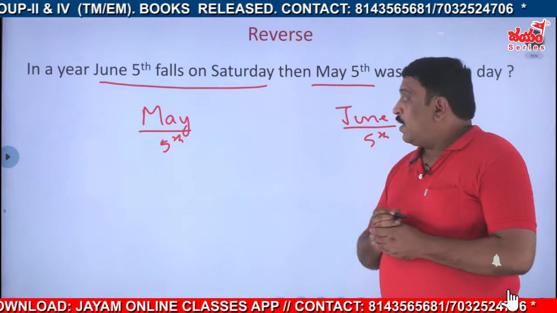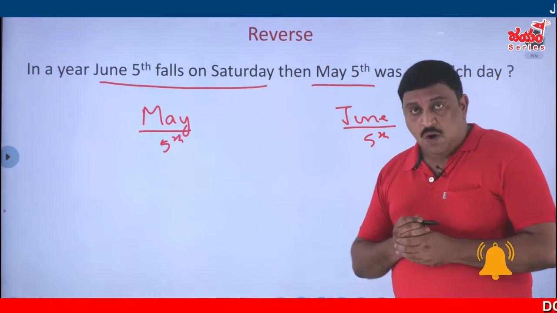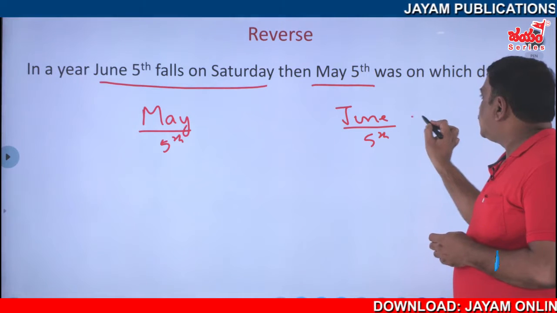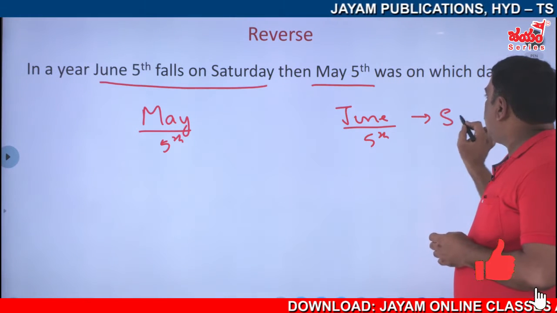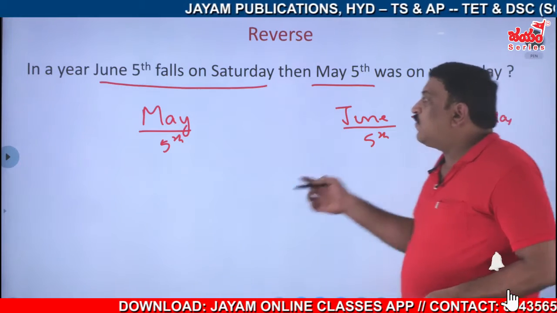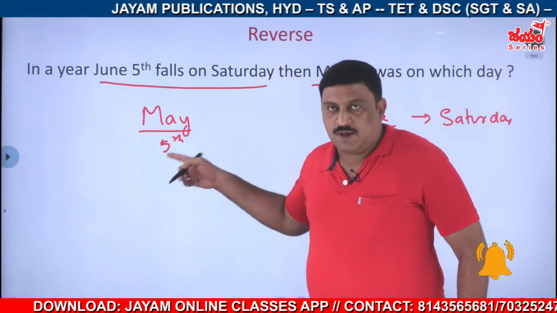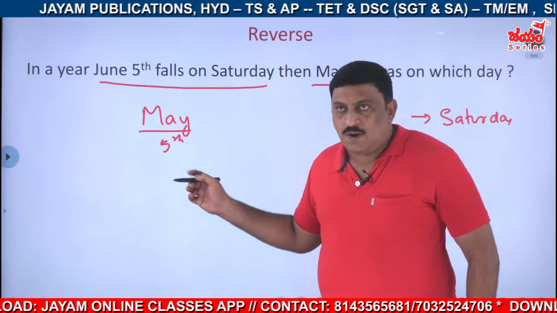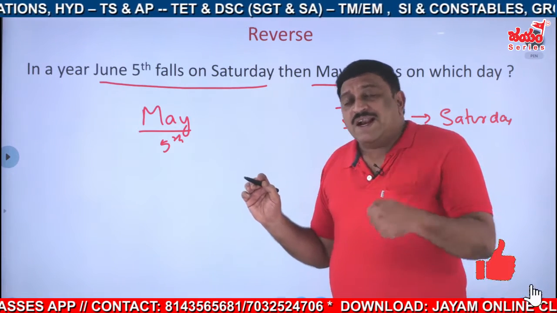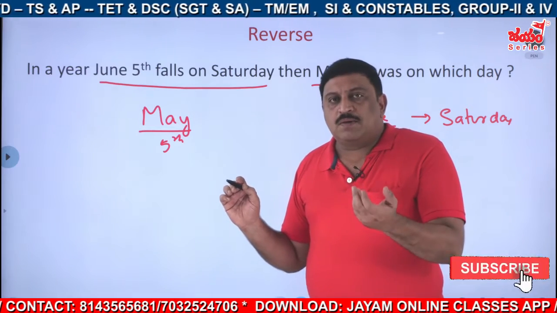Fine. Up to June 5th again. Here, June 5th is already given. That is on which day? That is on Saturday. It is already given. Okay. We need to find out what May 5th is.